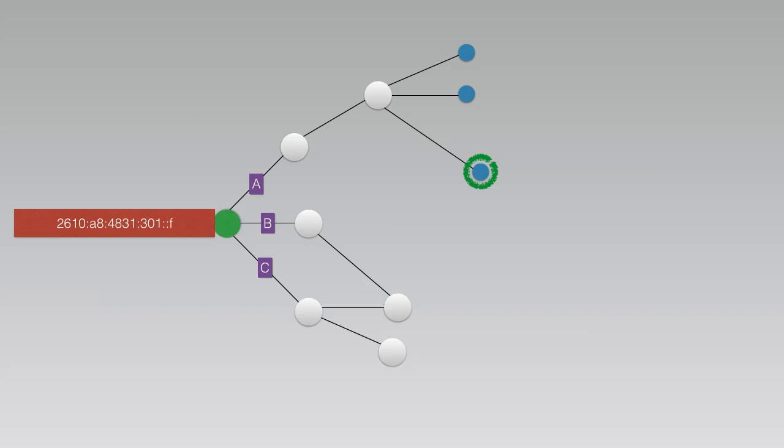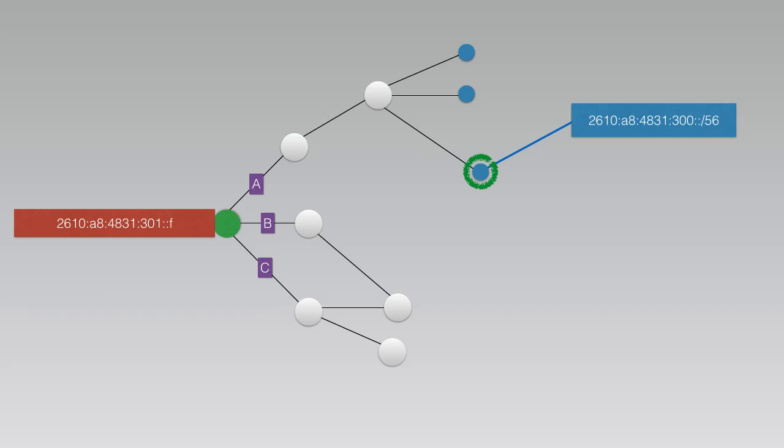A8 is really 00A8 and represents the next 16 bits. 4831. 301 is 0301. And then the double colon fills in the missing zeros to make up a full 128 bits. So this particular packet wants to go to an IPv6 network at Ohio University.